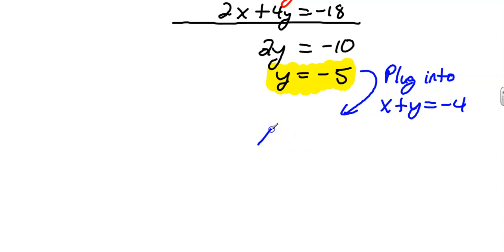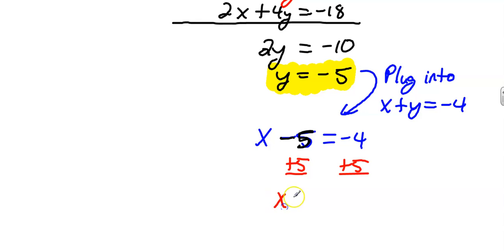So that's going to give us x plus -5 or x minus 5 equals -4. And then we're going to add that 5 to both sides. So x would be 1.